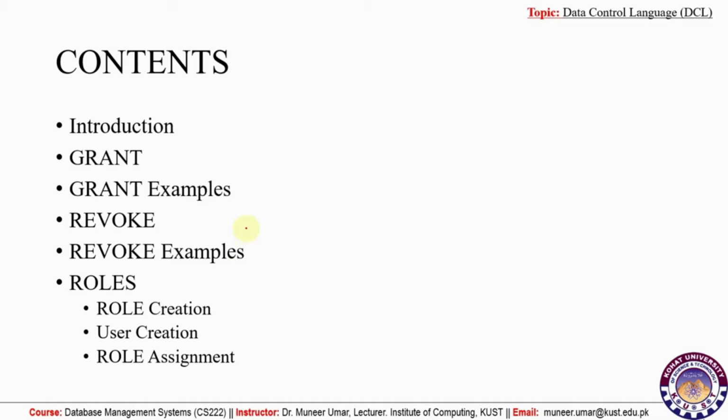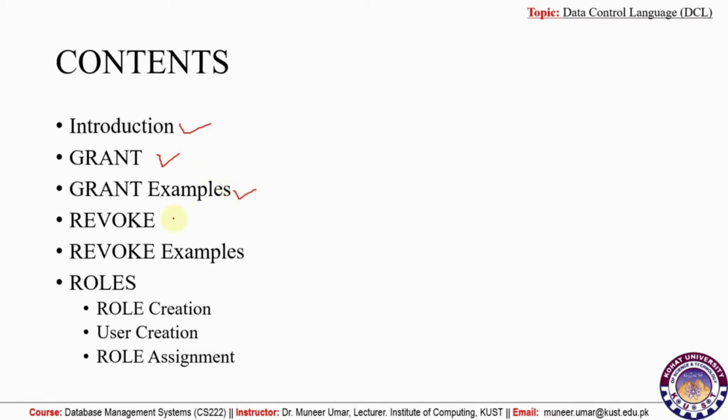These are the contents. First we have an introduction. We will have a brief introduction about DCL. Then the grant, how can grant be used for assigning privileges to users. Then we have some examples for grant.